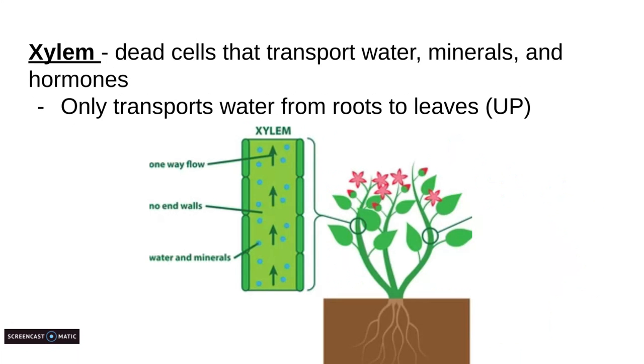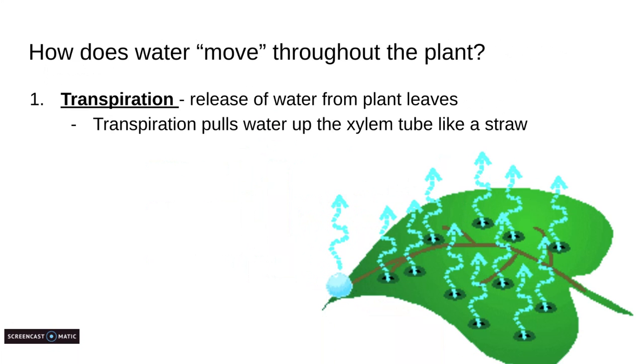All right, so go ahead, pause if you need more time. I'm going to move on. So how exactly does water move throughout the plant? So here's what happens. We get water that's evaporating from these little holes in the leaf. The little holes are called stomata. We learned about that. And it's just evaporation that's happening from the leaf.